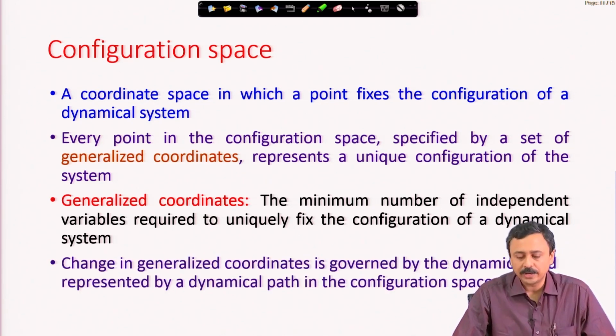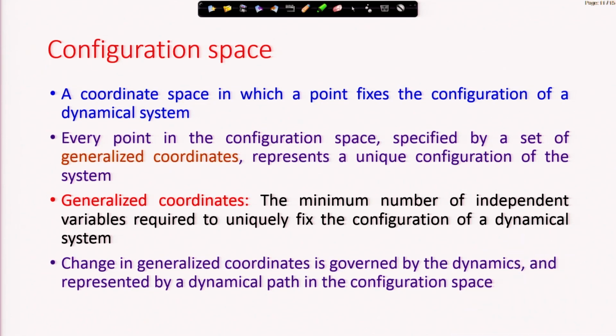Change in the generalized coordinates is governed by the dynamics, the laws of motion, and represented by a dynamical path in the configuration space. Just like orientation, we have discussed orientation using Euler parameters.